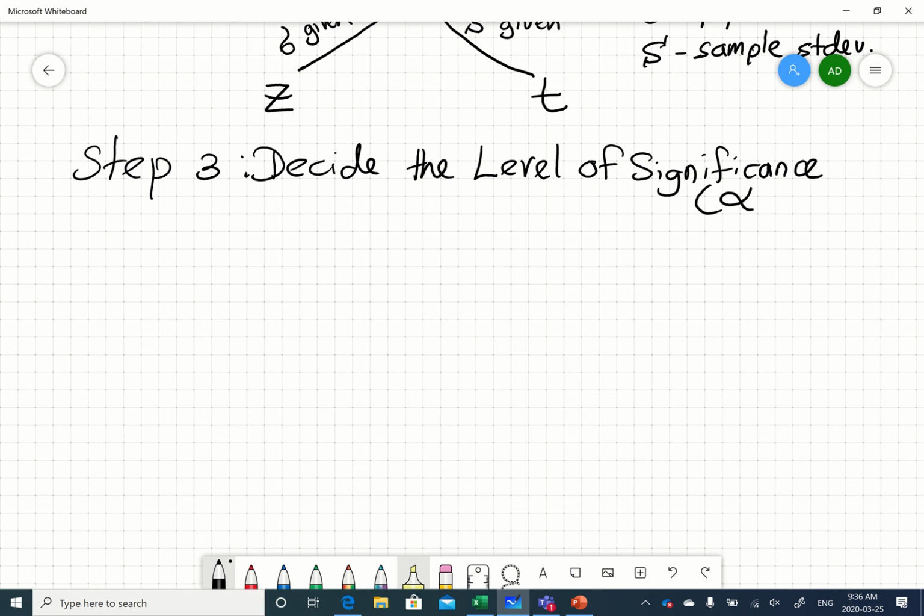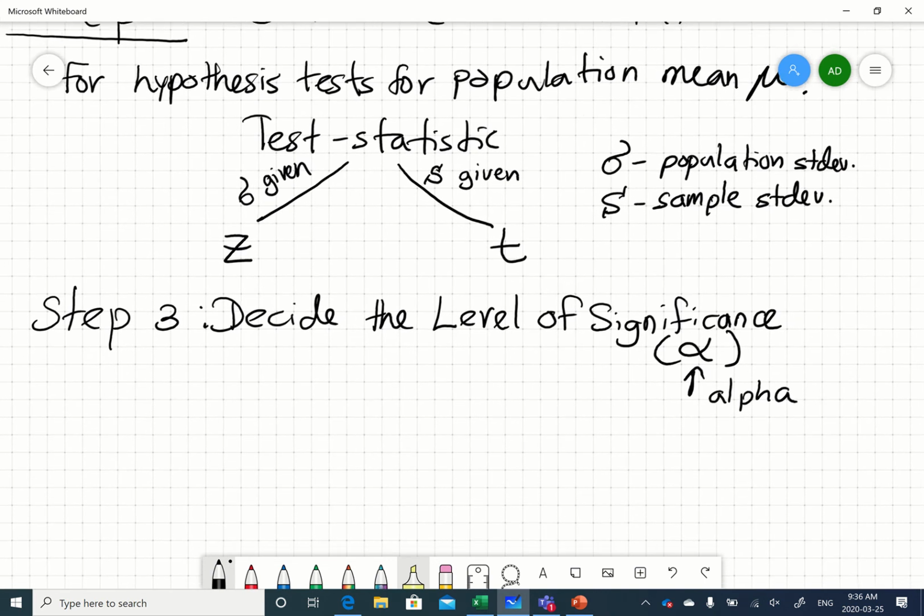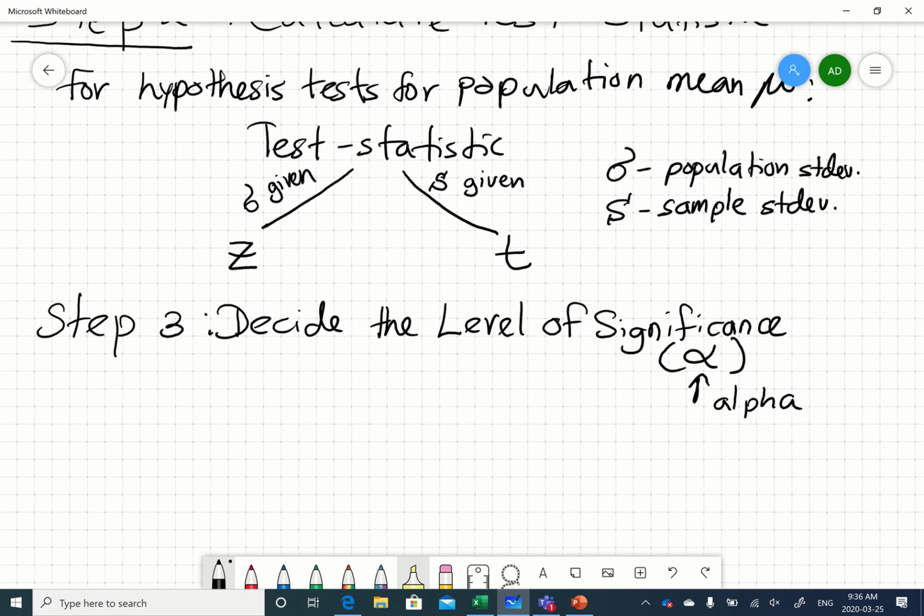The notation of significance level is alpha. So this is a probability value, or a likelihood. You know that the test statistic that we calculate in step 2 is a sample value because we use the sample mean, standard deviation, and sample size to calculate this number. So we are going to make our conclusion about the population mean based on our sample.